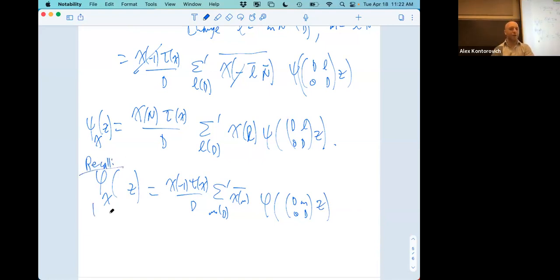What did we do? We started with this thing, which was just the series with the coefficients in. We twisted it by chi, and we got this shape. And now what is this? How does this psi compare to the coefficients? Remember, we started with this being the sum of the coefficients with a chi of N, with this Whittaker function and e to the 2 pi i n x.